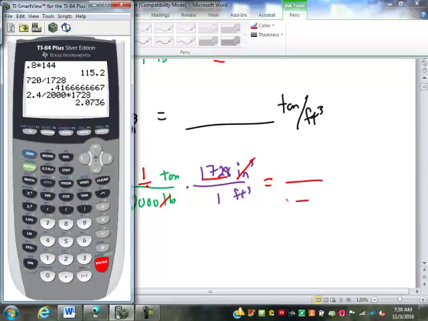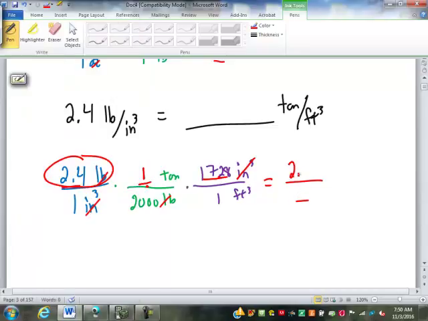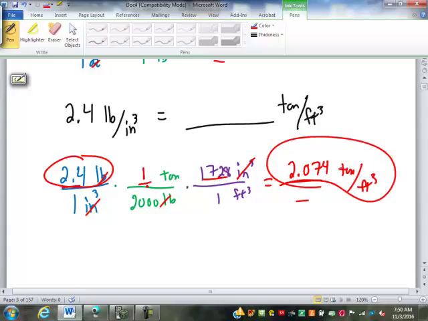So it's 2.074 we'll call it. Tons per cubic foot. It's always amazed me just how close a ton per cubic foot is to being a pound per cubic inch. They're relatively close.